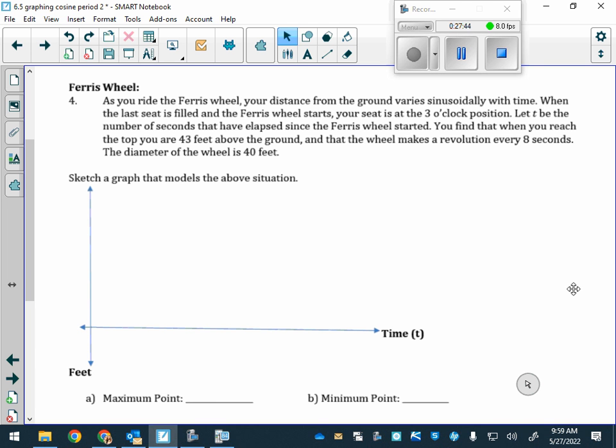As you ride the Ferris wheel, your distance from the ground varies sinusoidally with time. That just means sine and cosine. It's constantly a wave. When the last seat is filled and the Ferris wheel starts, your seat is at the 3 o'clock position. Important information. 3 o'clock position. So where would that be?